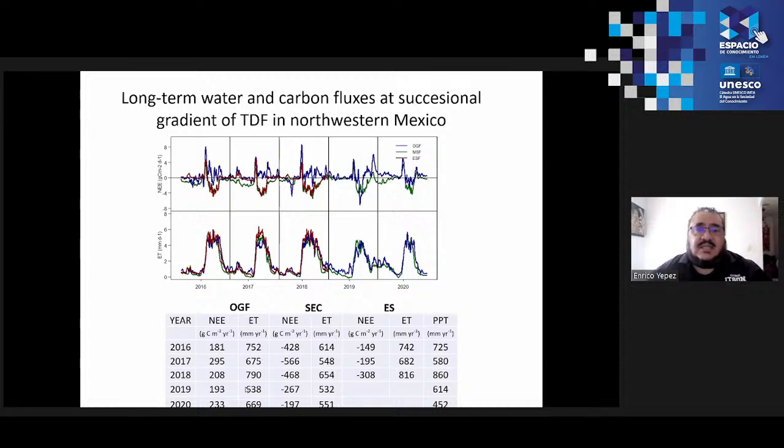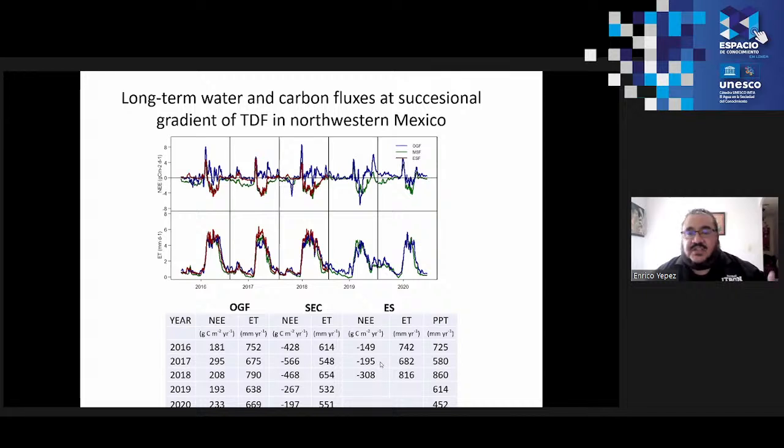We've seen these differences. We can see how, in relation to precipitation, the ET, of course, tracks precipitation very nicely across all sites. But the net ecosystem exchange changes. So the secondary forest, which is a very actively growing forest, gains more carbon, has a net sink of CO2 for most of the time.